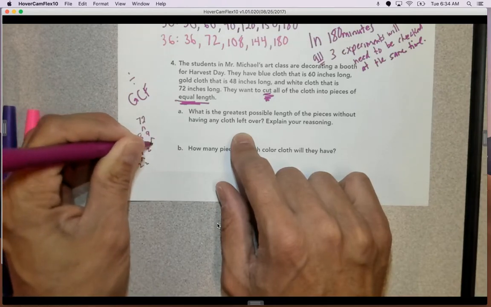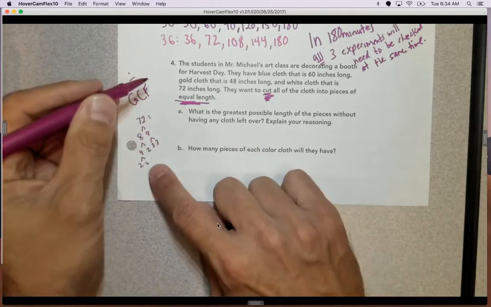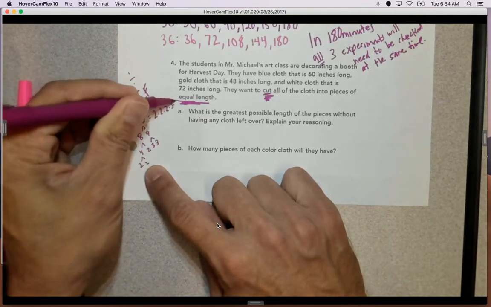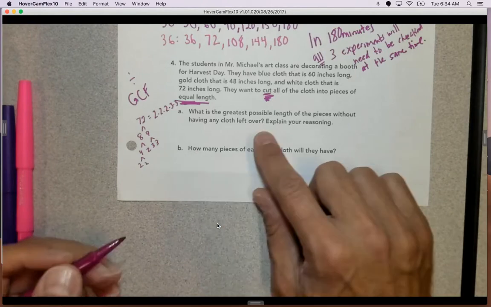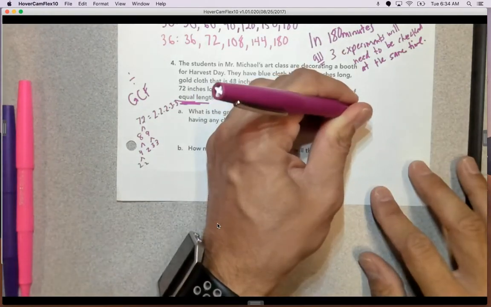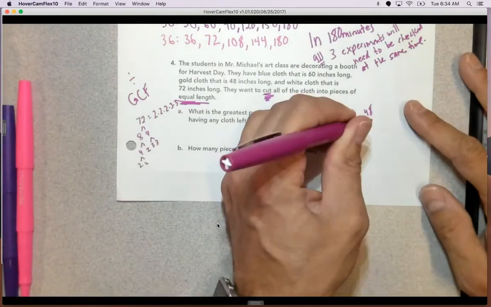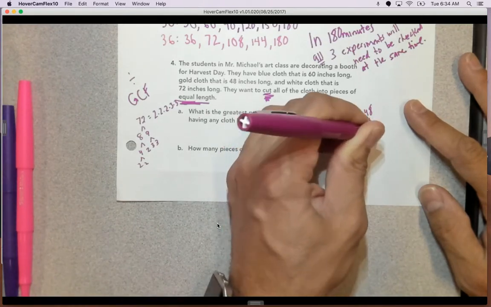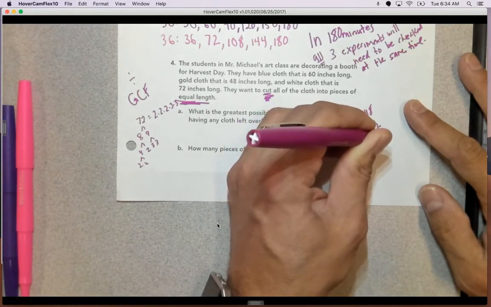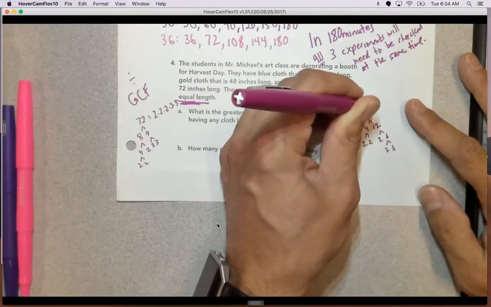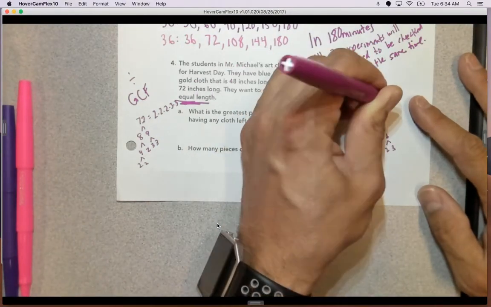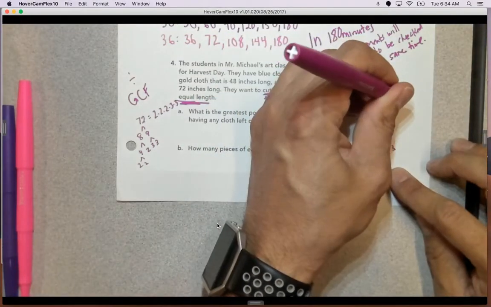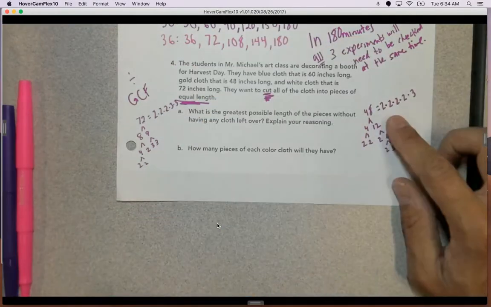So 72 is 2 times 2 times 2 times 3 times 3. 48 is going to be, let's see here, I could do 4 times 12, 2 times 2, 2 times 6, 2 times 3. 48 would be 2 times 2 times 2 times 2 times 3.